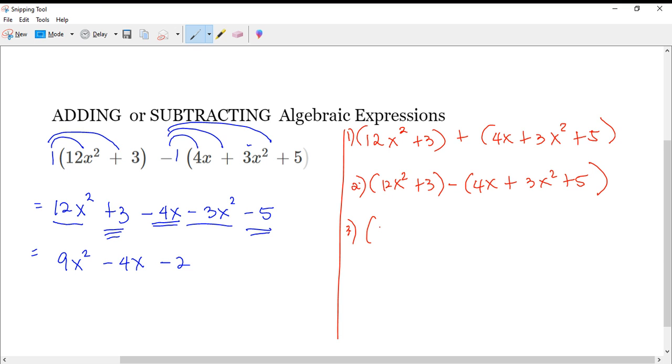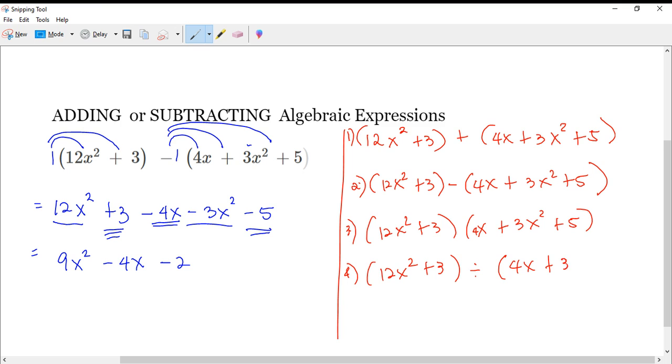Number three example is 12x squared plus 3x parenthesis 4x plus 3x squared plus 5. Okay, and the last one is 12x squared plus 3, oops, divided by 4x plus 3x squared plus 5.